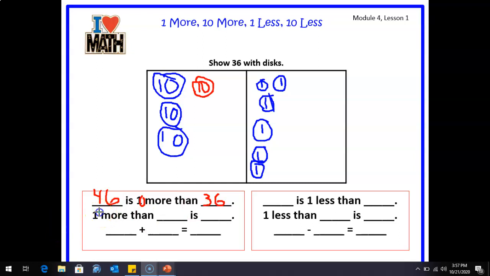Or I can also say 10 more than 36 is 46, boys and girls. I can write a sentence by saying 36 plus 10 equals 46.